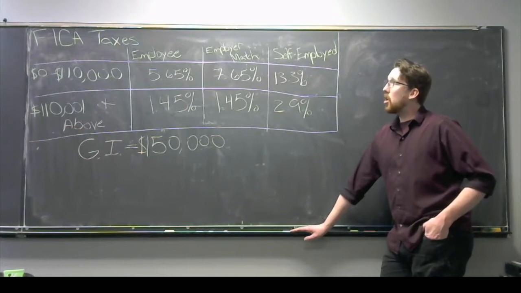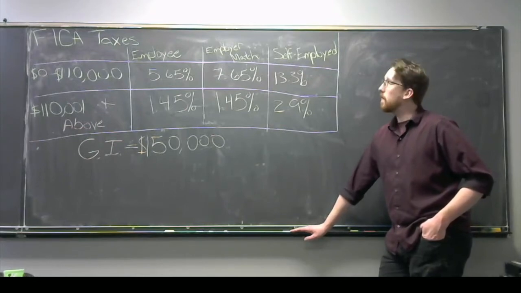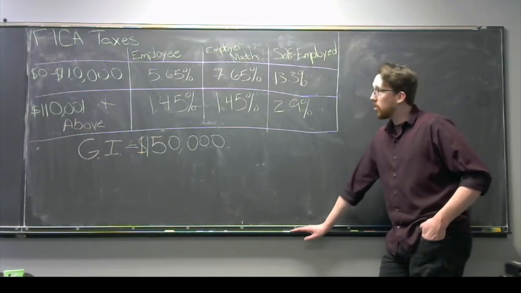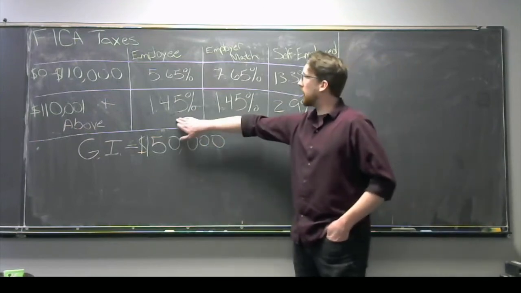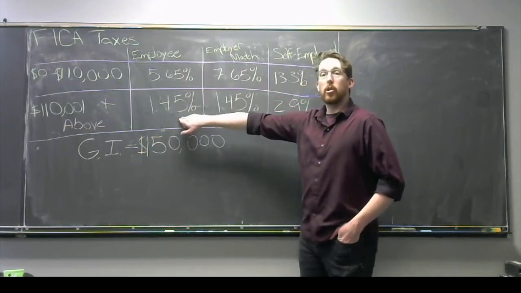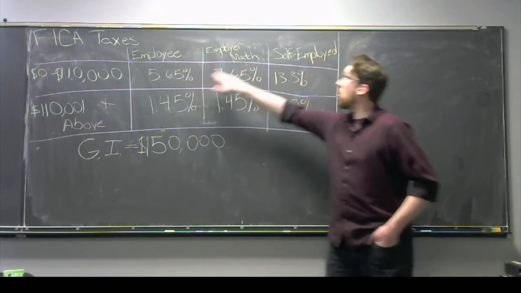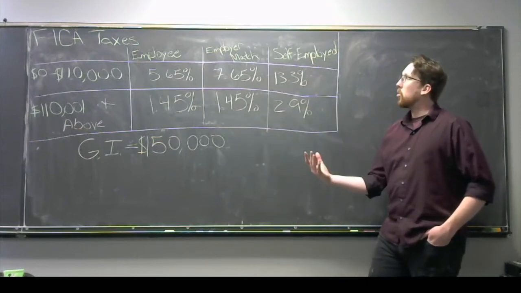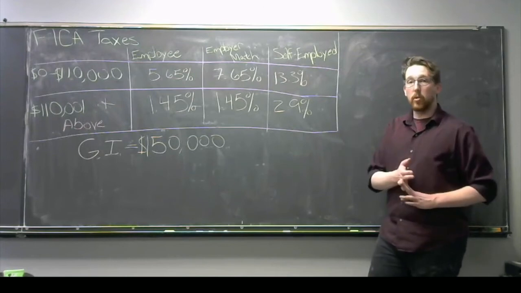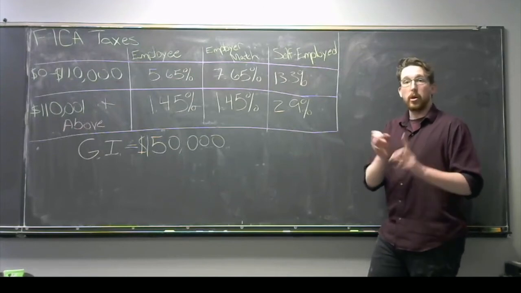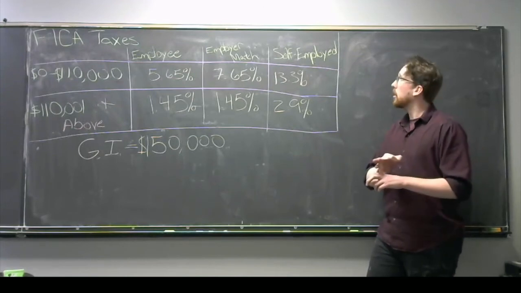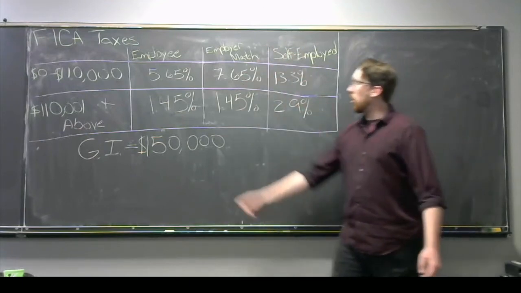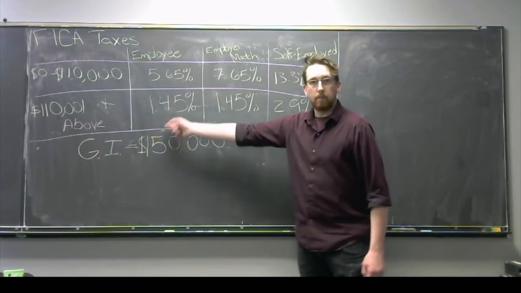We say for the first $110,000, you tax at 5.65%, and for every dollar you make more than that, they're taxed at 1.45%, assuming you're not self-employed or an employer. So, the way it breaks out is we have three different groups. You're an employee, you're the employer, or you're self-employed. And the employer matches what the employee pays out.